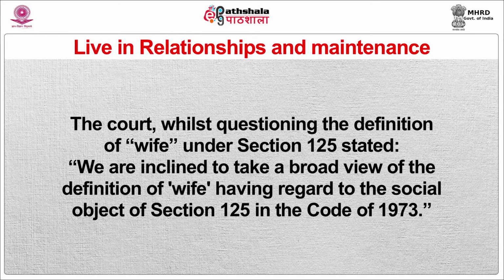The court, whilst questioning the definition of wife under Section 125 of the CRPC, stated, "We are inclined to take a broad view of the definition of wife, having regard to the social object of Section 125 of the Code of Criminal Procedure."